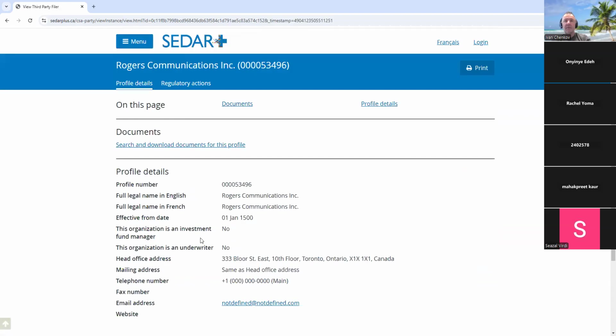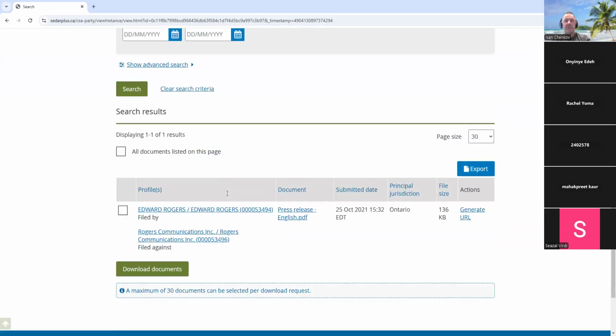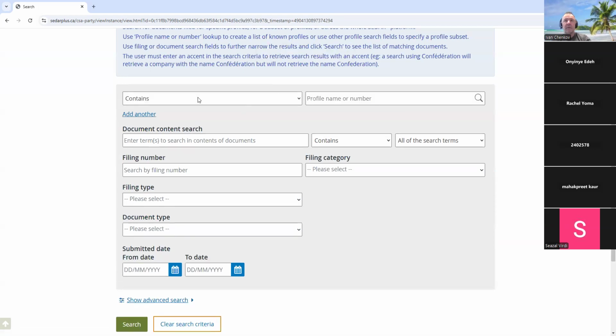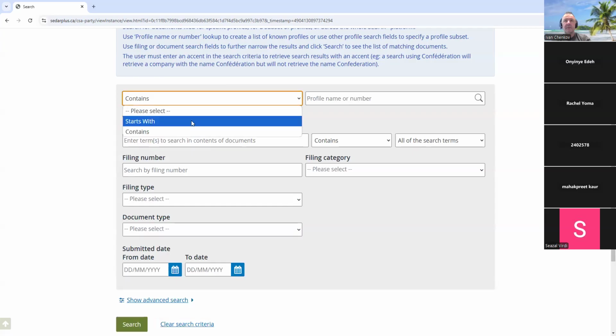And we're going to find out when the company, no, that's not the one. Let's see if that's the one. No, I don't like this one. Let's start again. Let's clear the search criteria and let's start again.